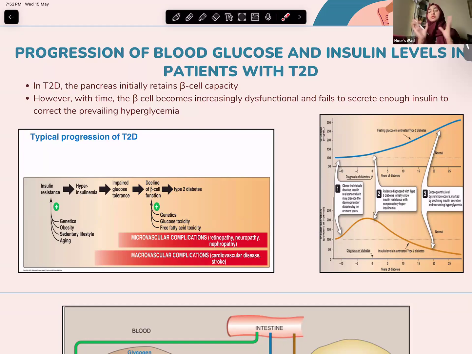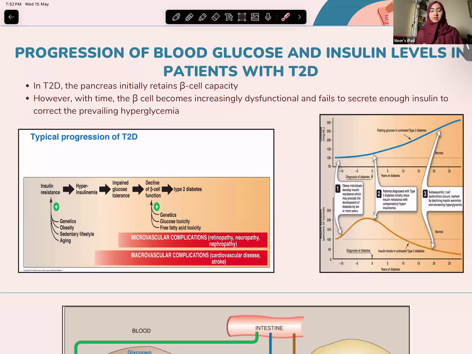Don't confuse this with type 1 diabetes, where the first step is complete destruction. Here in type 2 diabetes, you will initially have beta cells, but they slowly diminish. With time, beta cells become increasingly dysfunctional and fail to secrete enough insulin to correct the prevailing hyperglycemia.